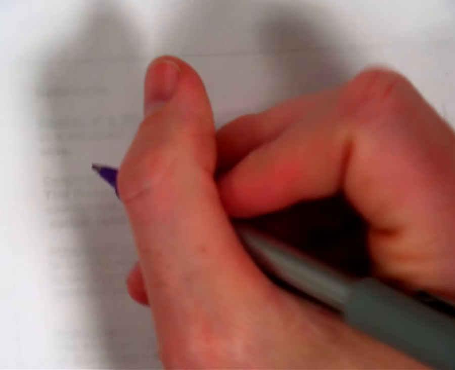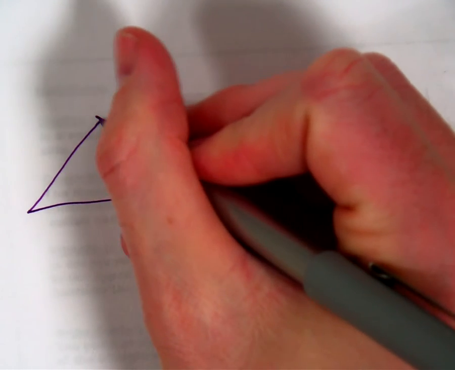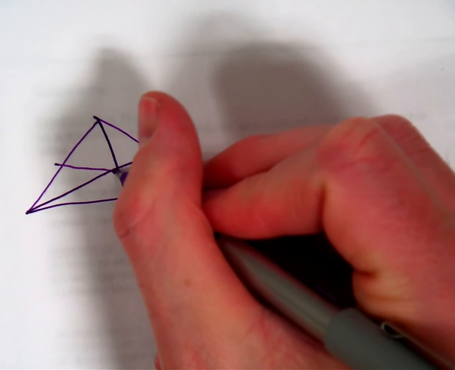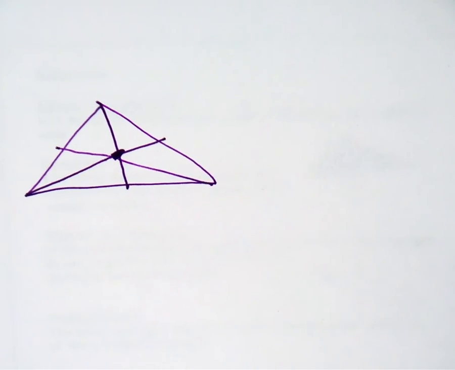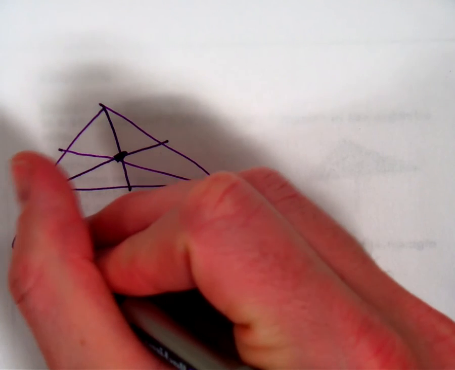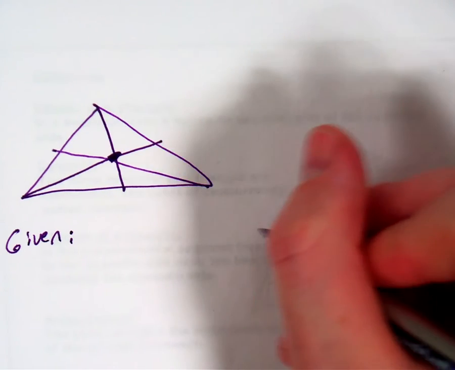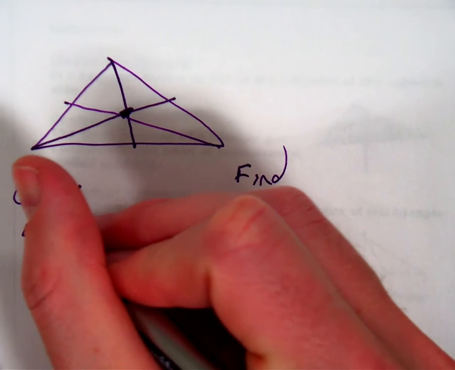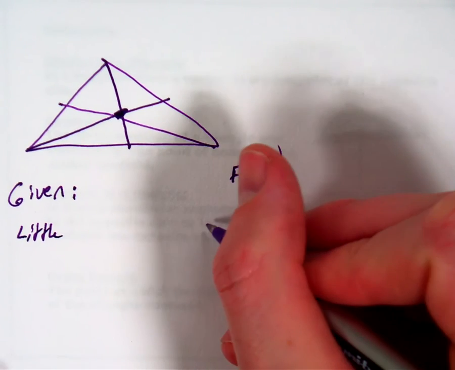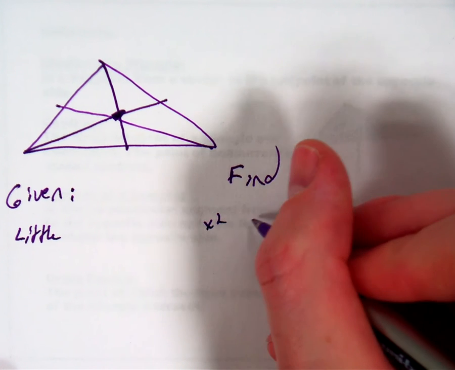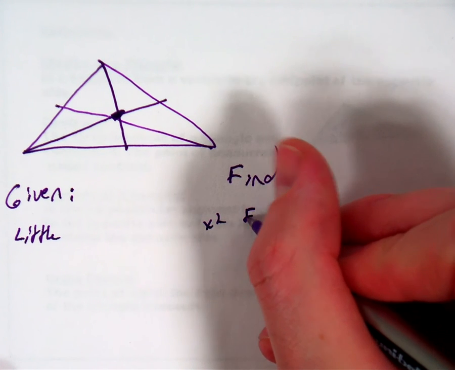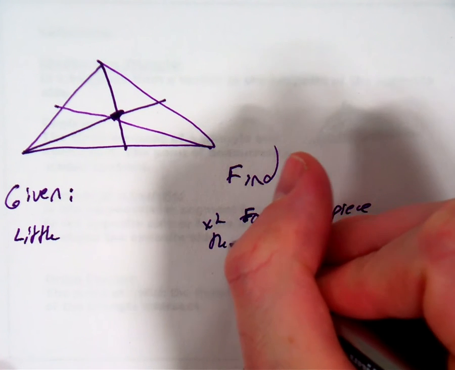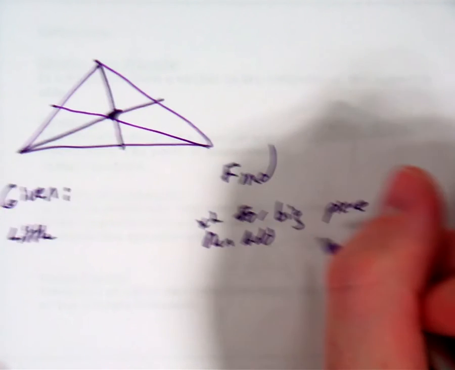for centroids. So we're going from corner to midpoint. Okay? If they give you the little piece, then you want to double that to get the big piece. Then add for the whole thing.